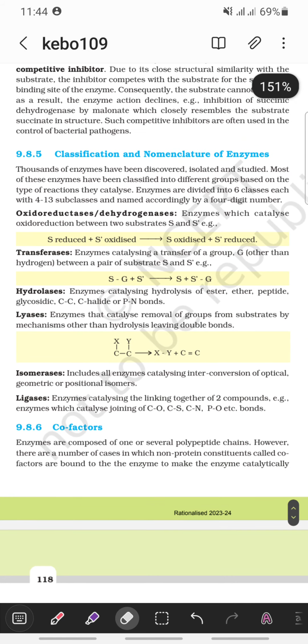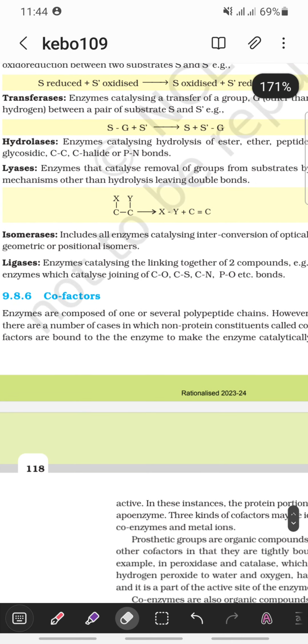Lyase enzymes catalyze removal of a group from a substrate by mechanisms other than hydrolysis, leaving a double bond: X-Y plus C=C. Isomerase includes all enzymes that catalyze interconversion of optical, geometrical, or positional isomers. Ligase enzymes catalyze the linkage together of two compounds. Example: enzymes which catalyze joining of C-O, C-S, C-N, P-O, etc. bonds.